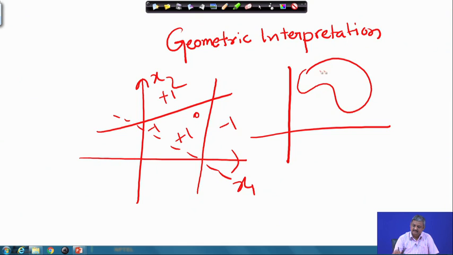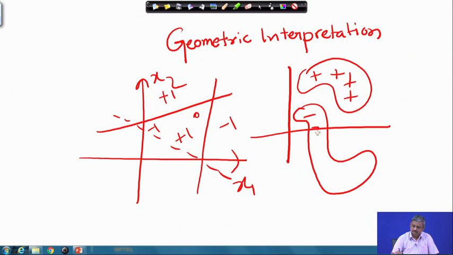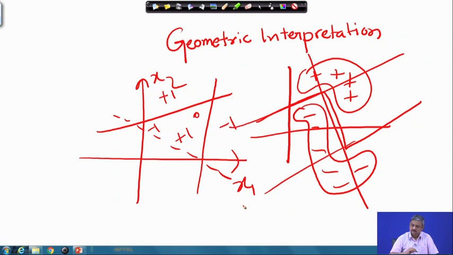For example, if the classes are like this, you can classify them by considering a number of perceptrons. So this is a boundary, a piecewise linear boundary you would call it.